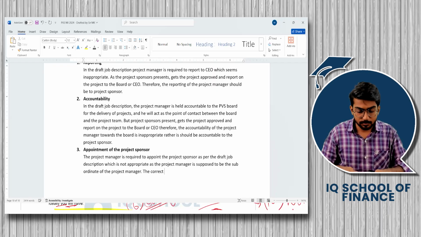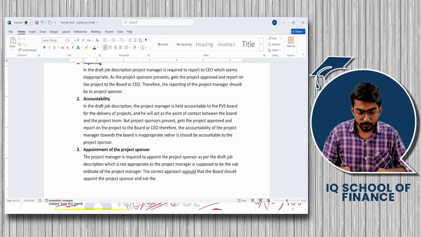The correct approach would be that the board of directors should appoint the project sponsor and not the project manager.